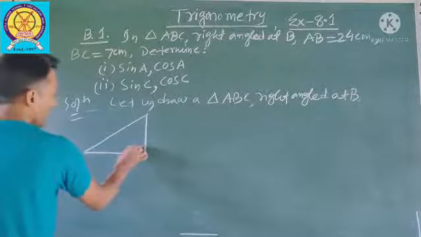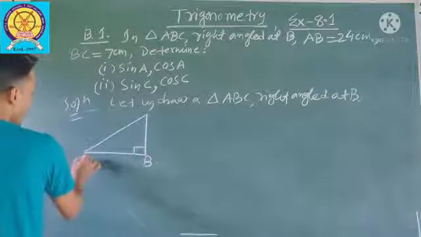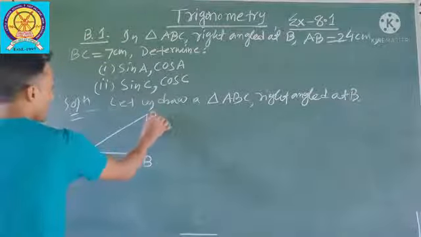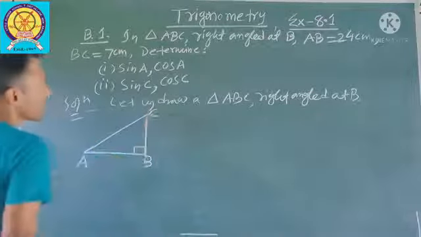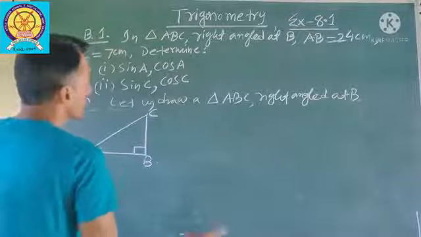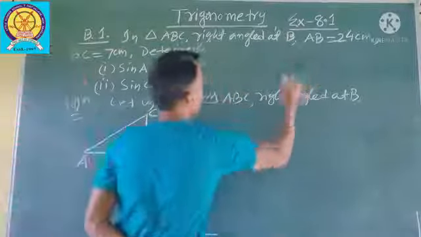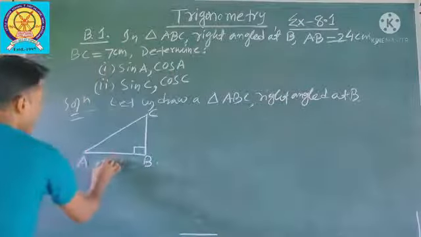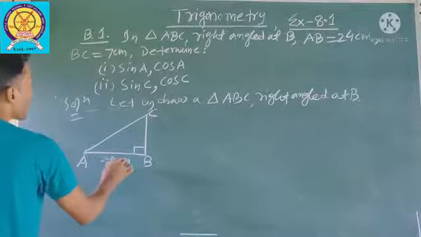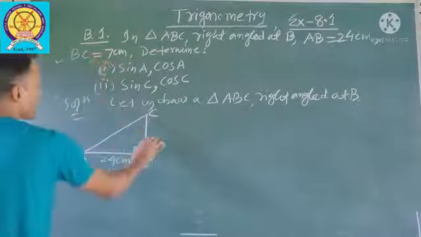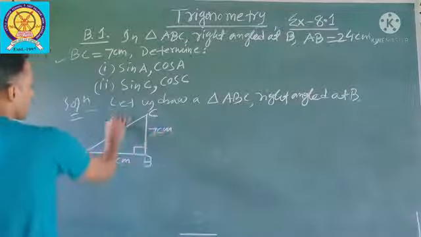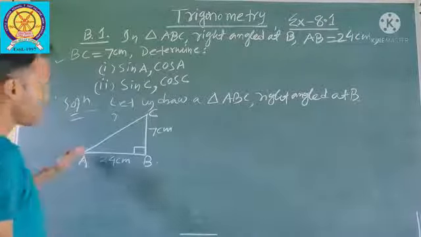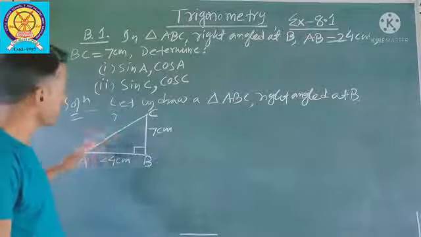So this right angle at B, A, B, C. Now what is given? AB is given 24 cm. Then BC is given 7 cm. So first of all, you have to find the length of hypotenuse AC.